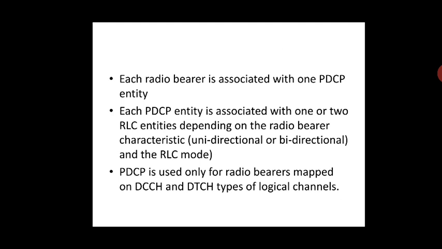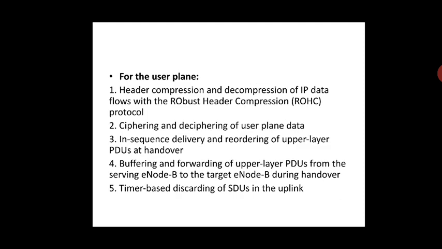As we have discussed, the PDCP entity is associated with one or two RLC entities, unidirectional or bidirectional, that is, it will be communicated in both ways. Since PDCP is used only for the radio bearers, let us move on to the next content of the PDCP.